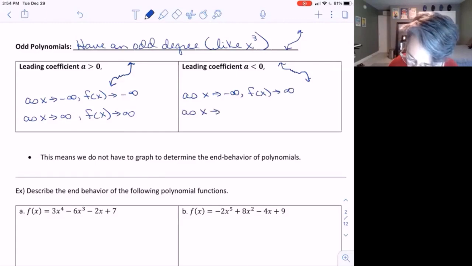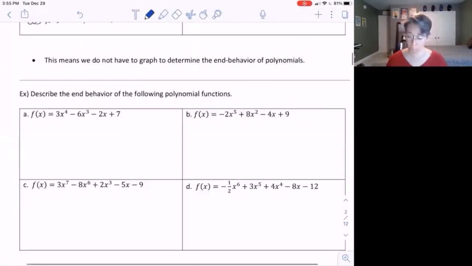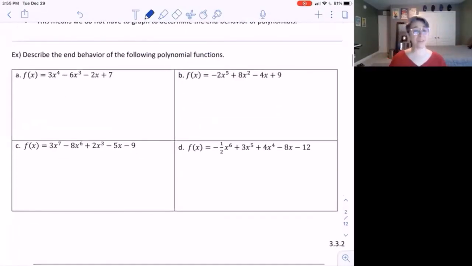And as x goes towards positive infinity, f of x goes towards negative infinity. It's the opposite. So again, this means we do not have to graph polynomials in order to determine their end behaviors.